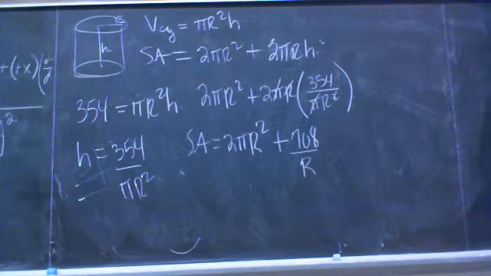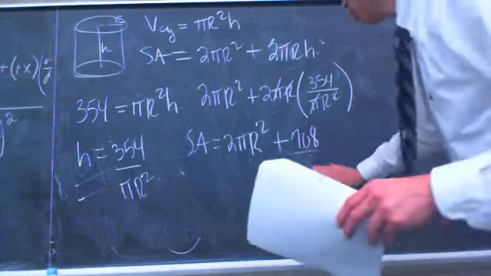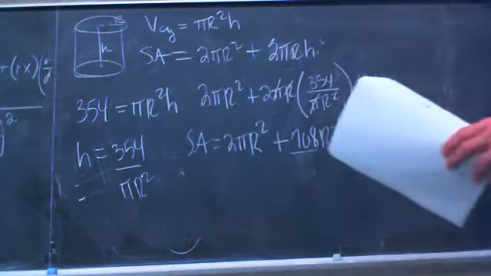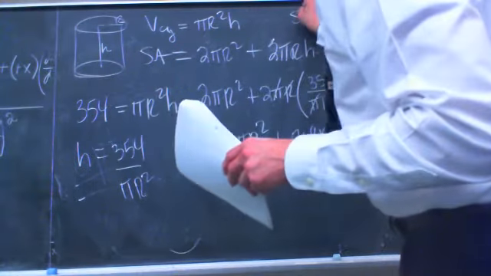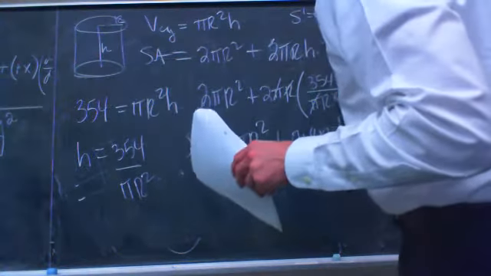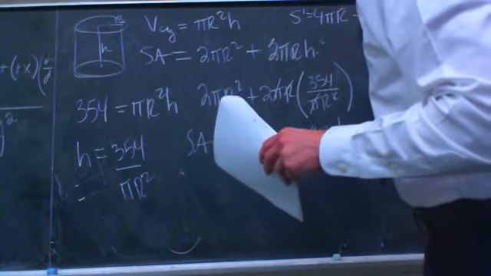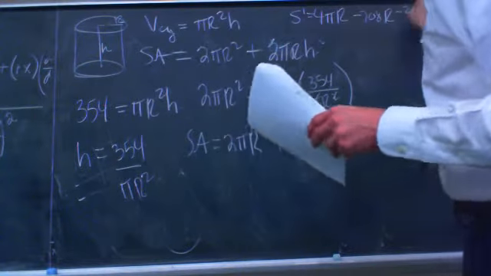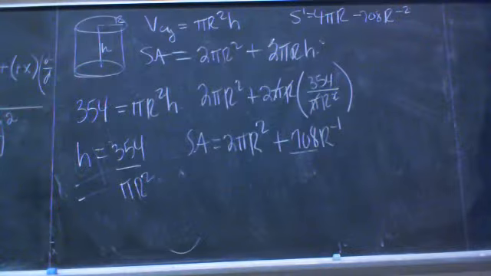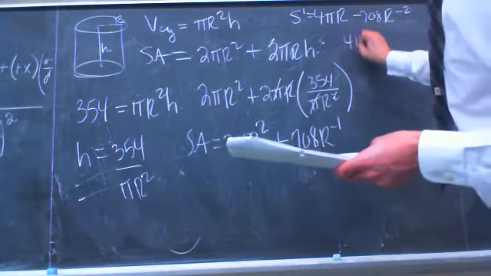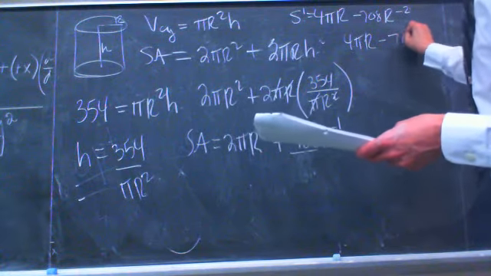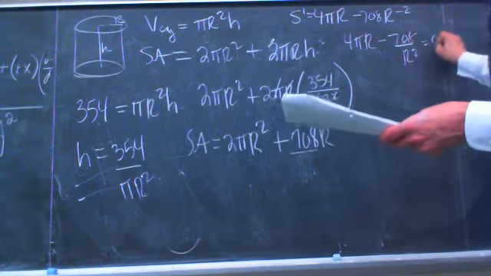And that's the one I've got to take the what of. And I didn't even get a derivative yet. So I'm going to make this r to the what? So S prime would be 4 pi r minus 708 r to the what? Yes. Drop it down, so it'd be 4 pi r minus 708 over what?